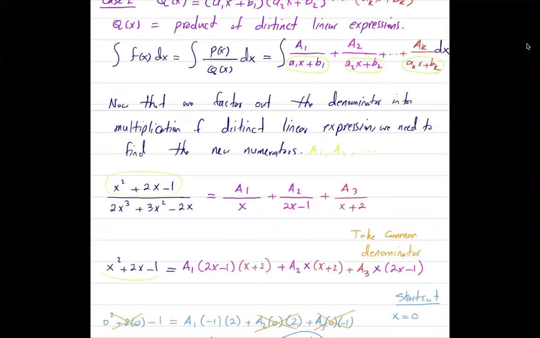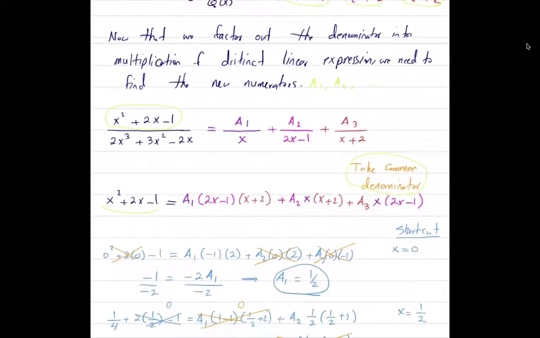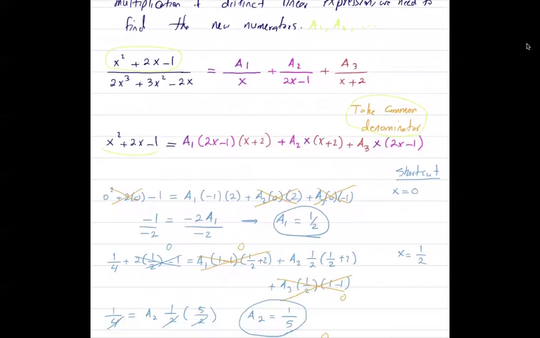And the new numerator after taking the common denominator is this combination. We used the shortcuts. We plugged in different values for x based on the values that make the denominator 0. So if you set x equal to 0, you get a1 divided by 0. So when you plug in 0, you can find a1.